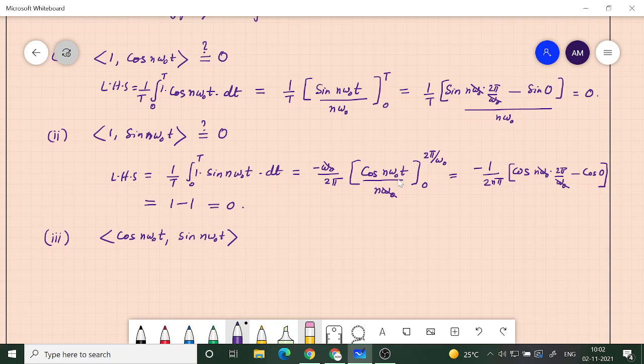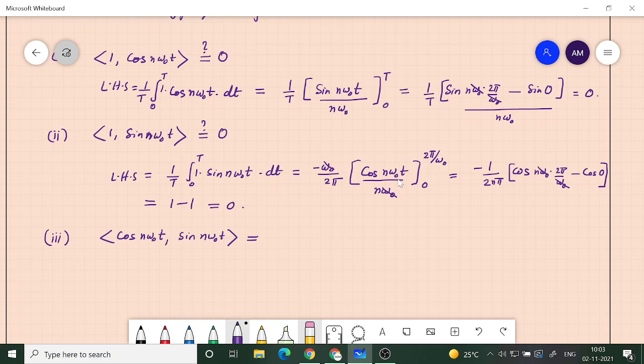This is a case where n could be any value, but if I take 1 here also it will be 1. So these are the cases where both harmonics are the same, but one is sine, the other is cos. Part B of this proof is where we have to take n here and m there. That is also needed to be shown. Okay, let us show this one first.